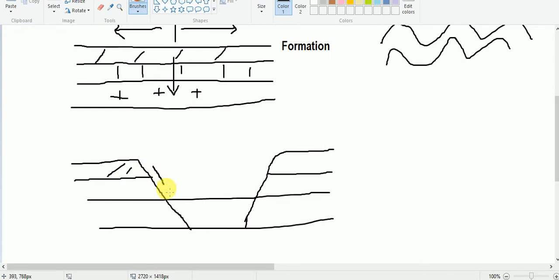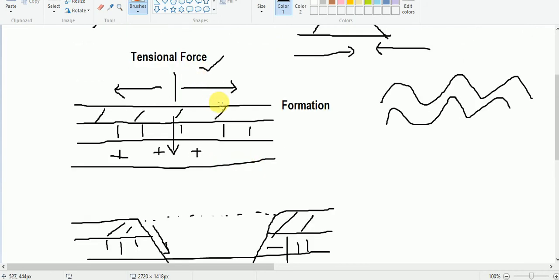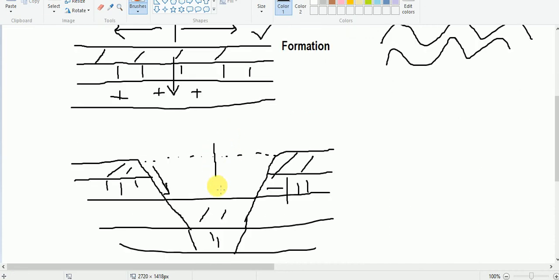Because of this subsidence, the first formation comes here, and the second layer comes here. Actually, once this was the level of the land. Let us suppose this is the surface of the peninsular part. So after subsiding this area, this West Bengal and Bangladesh area, this part becomes the Meghalaya Plateau, and this side becomes the Peninsular Plateau.